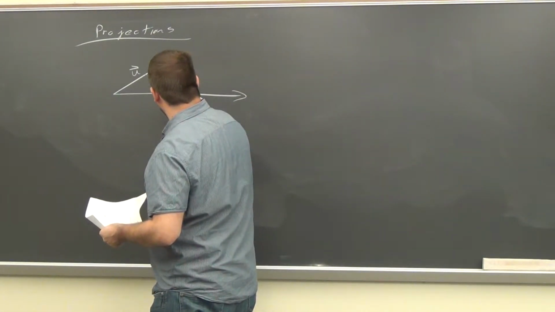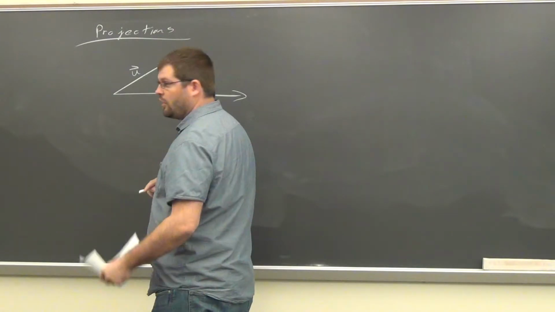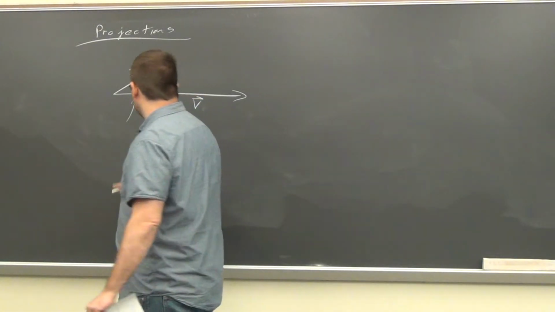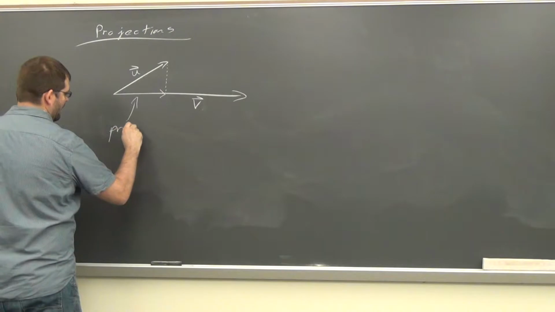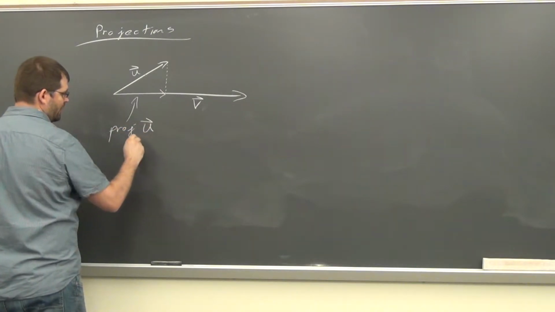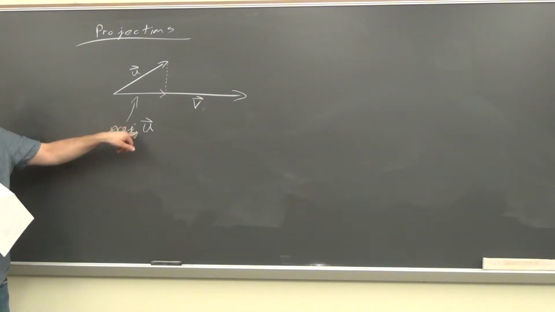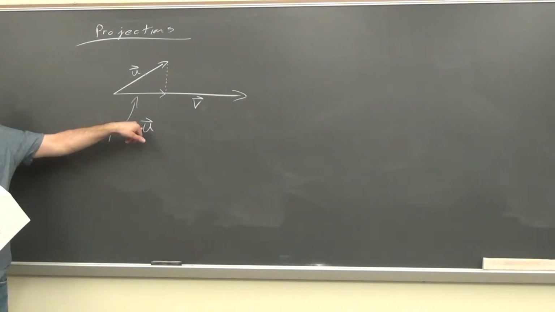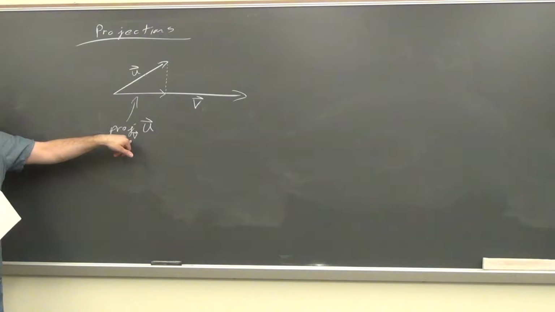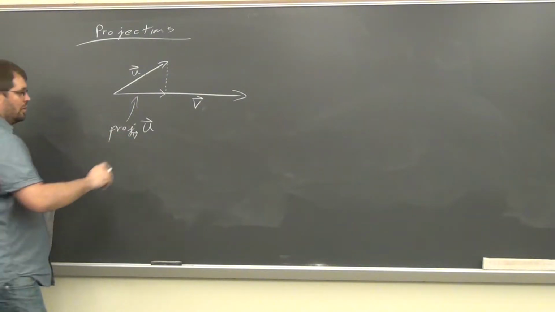So we want to figure out this vector here, and this small vector is the projection of the vector u, and then we put down here which one we're going onto. So pay attention to the difference: this is the vector we're projecting onto this vector.